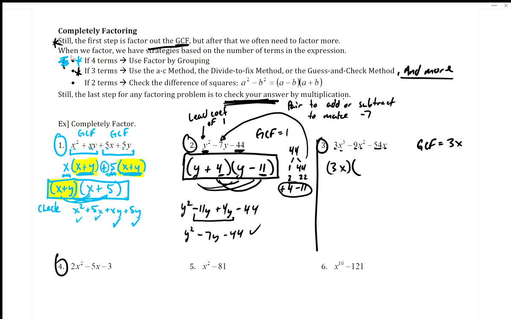So if I took a 3 out and an x out of 3x cubed, I'd be left with x squared. And then minus, if I took 3 out of 9, well, I know 3 times 3 is 9. And then x getting taken out of x squared means I'm left with an x. And then minus, taking a 3 out of 54.